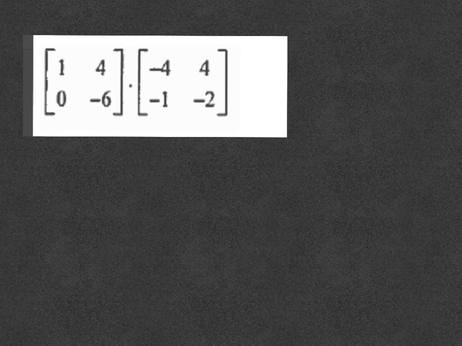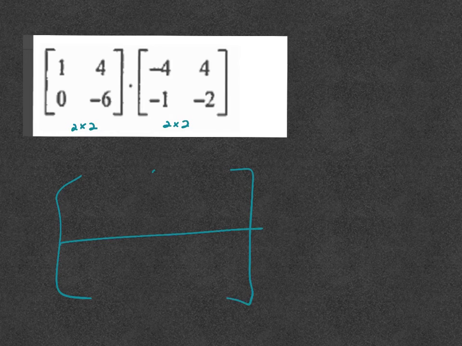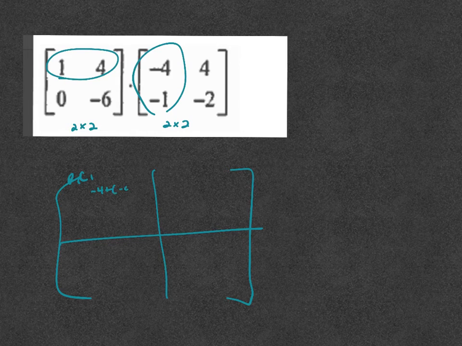This one is also multiplication. This is a 2 by 2 and a 2 by 2. Can be done, and the result is a 2 by 2. So row 1, column 1, negative 4 plus the negative 4, which is negative 8. Row 1, column 2, 4 minus 8, which is negative 4.